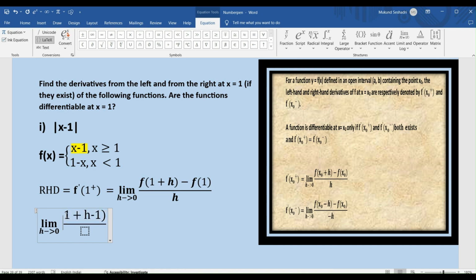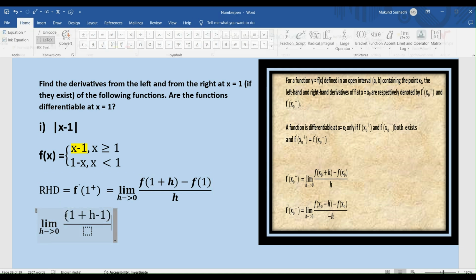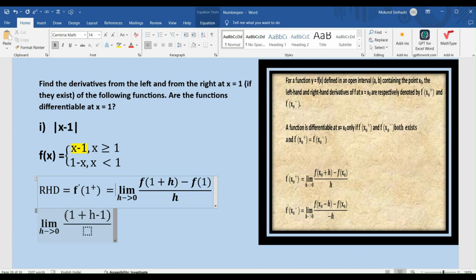I'm using the x minus 1 function, and therefore, what is my f of 1? I will have to pick up the function again, which is highlighted in yellow, because f of x equals x minus 1 for both x greater than 1 and x equal to 1, right? So what is that? That is 1 minus 1, right?